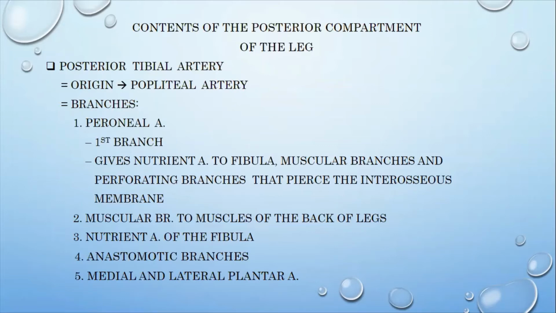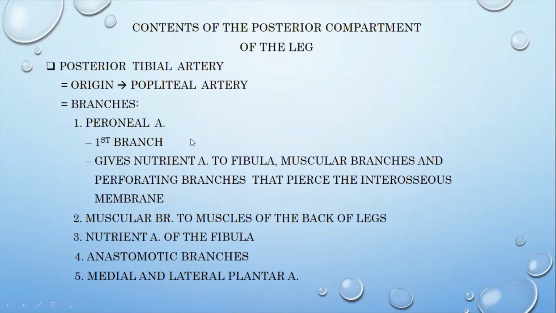Your peroneal artery, which is the biggest branch and the first branch, will have its own branches. It will give nutrient artery, which will supply the fibula. So when you say nutrient artery, it means it is an artery which supplies a bone. Then it will also give muscular branches and perforating branches that will pierce the interosseous membrane.